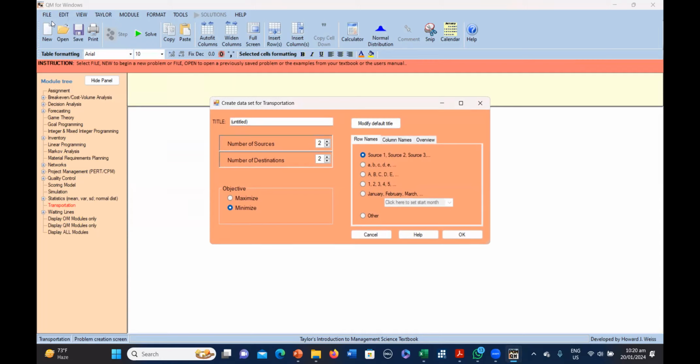So it asks the number of sources. How many sources do we have? There are 3, so we change it to 3. Then the number of destinations.